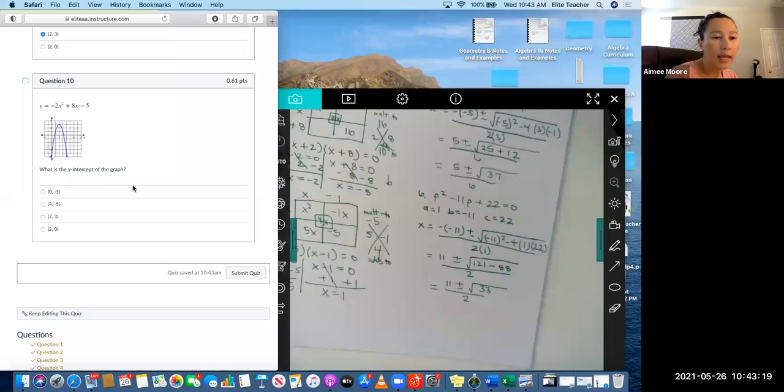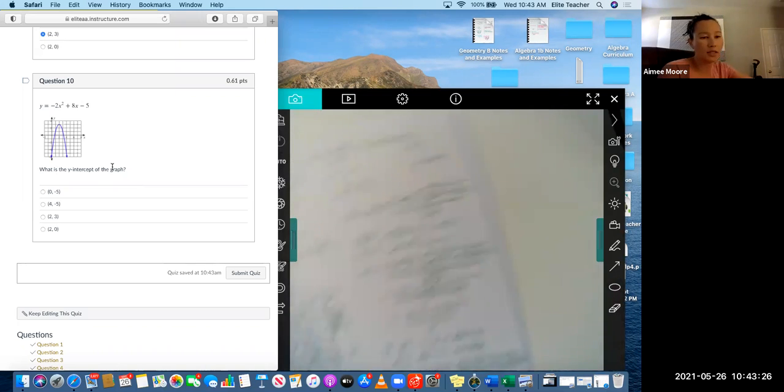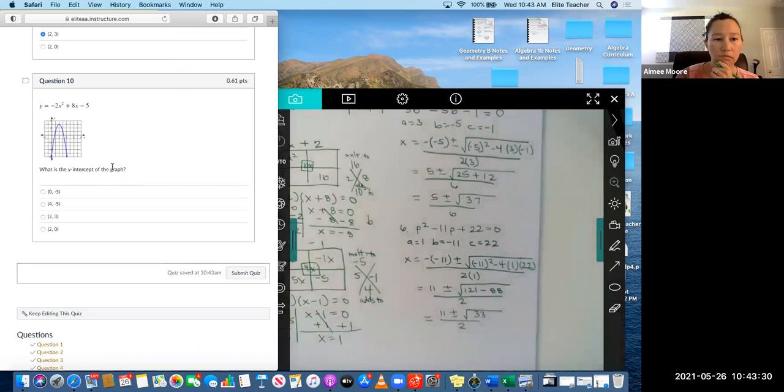And then what is the y-intercept of this graph? The y-intercept is where it crosses the y-axis. So where does it cross the y-axis?